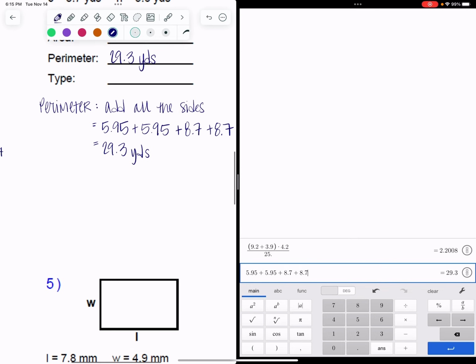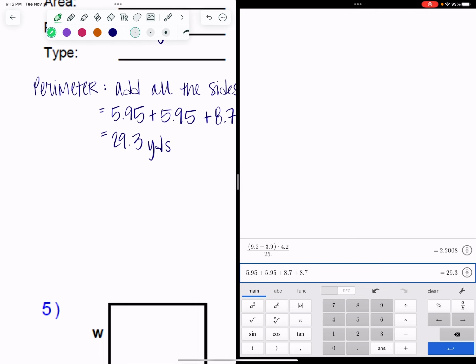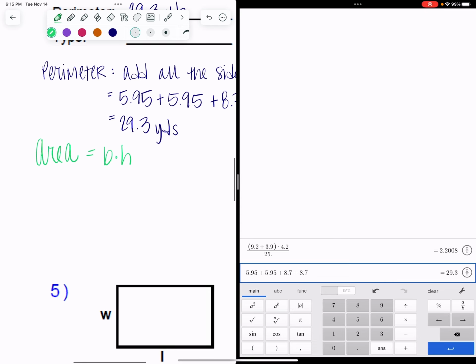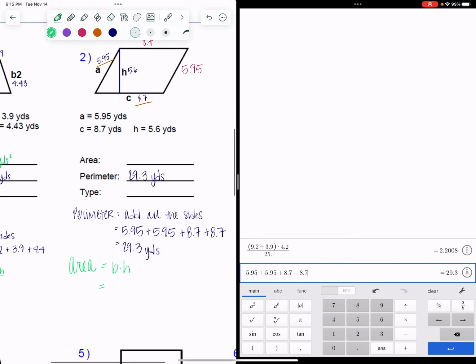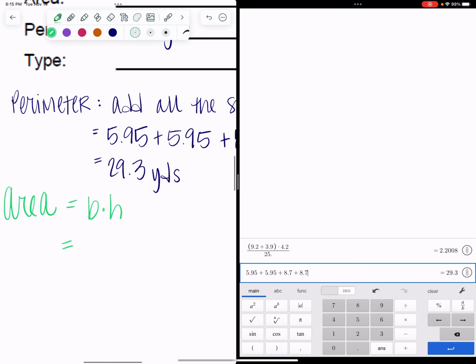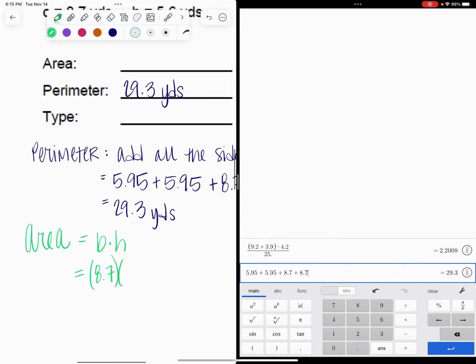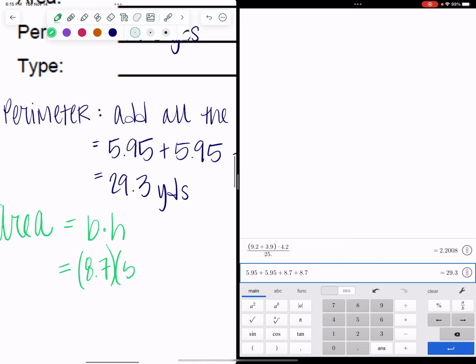So then you're going to go do area. Write the formula. Area of a parallelogram is base times height. Our base was 8.7. The height was 5.6.